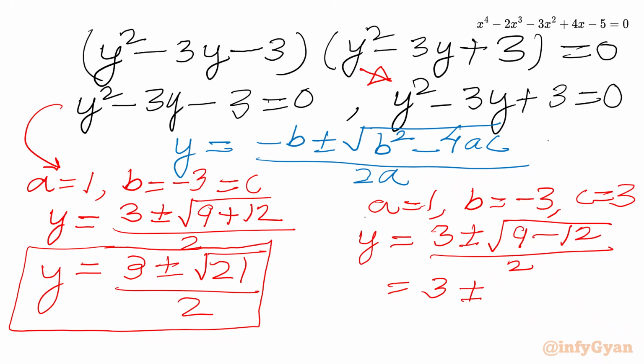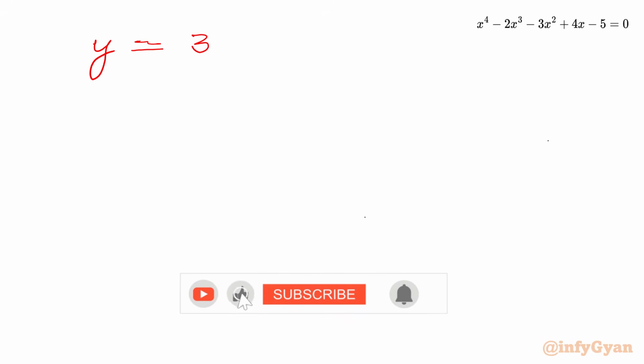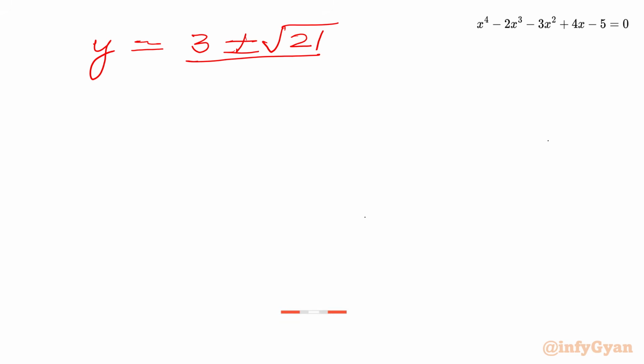It is square root of minus 1 times square root of 3. Square root of minus 1 is the complex number i, times square root of 3, over 2. So we have two real and two complex solutions over here. Let me write here y will be equal to 3 plus minus square root 21 over 2 and 3 plus minus i root 3 over 2.